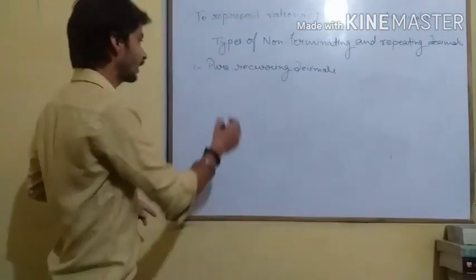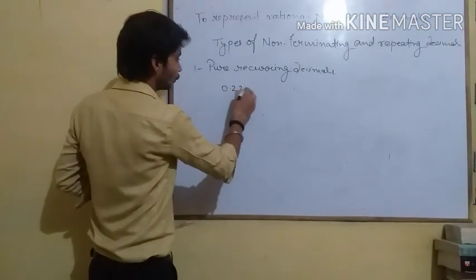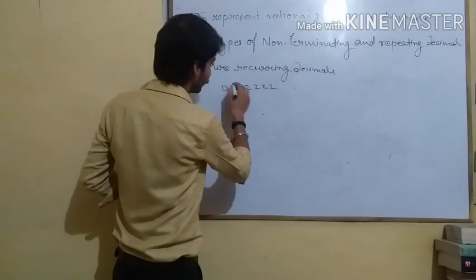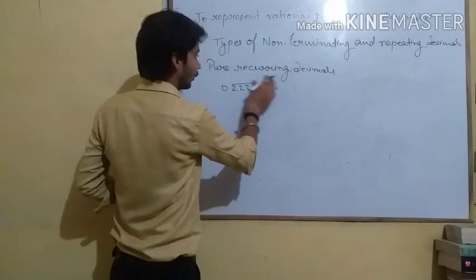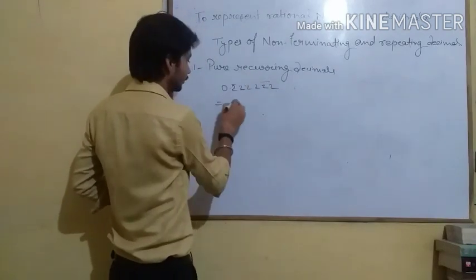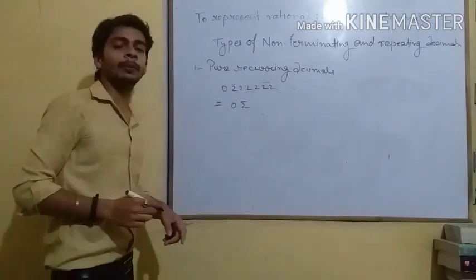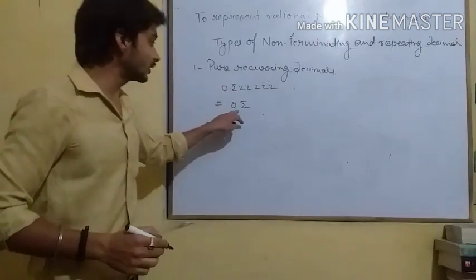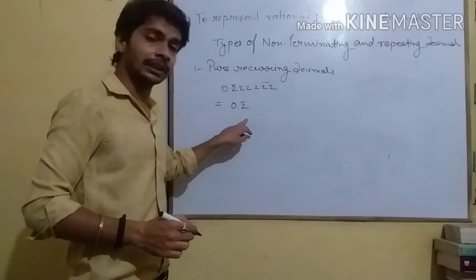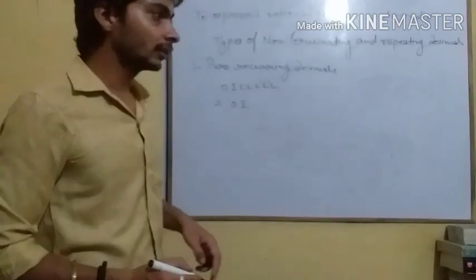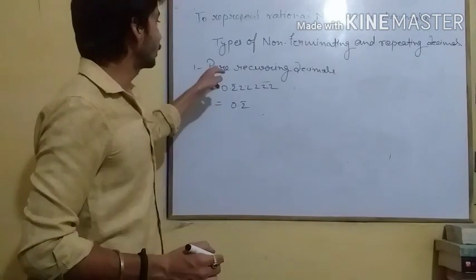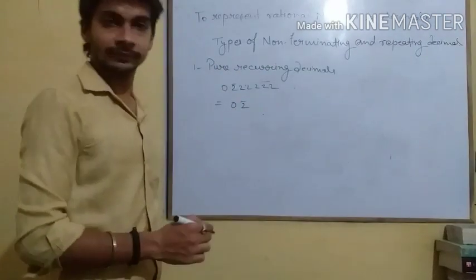For example, if we are writing 0.22222, or we can write it in short, 0.2 bar, it means after the decimal the first digit is repeating. This type of decimals are called the pure recurring decimals.